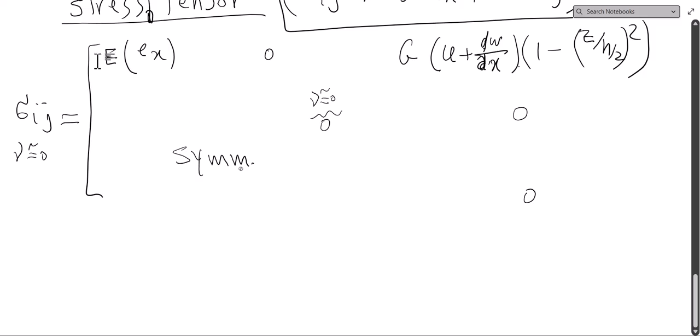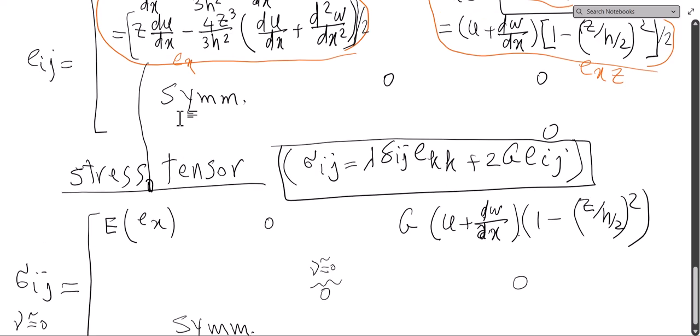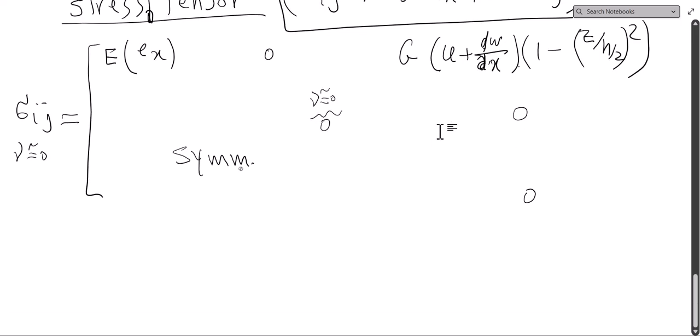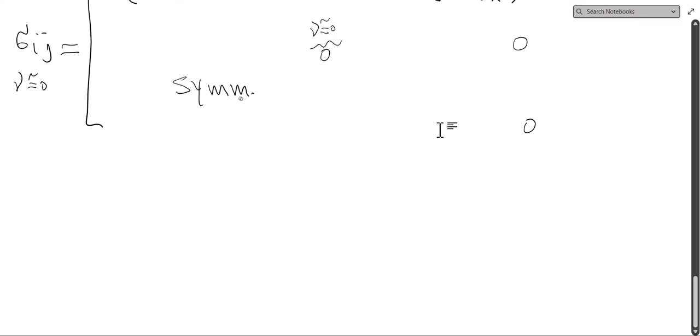So we get two stress components at the cross section of the beam, one normal to the cross section, which is E times this strain, and also the sigma xz multiplied by G. So these are our only two stresses at the cross section.